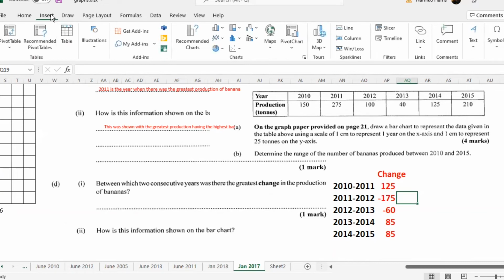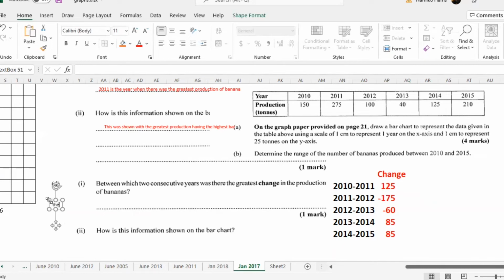So let's insert and put our answer. So the greatest change in production was between 2011 and 2012, where there was a decrease of 175 tons.